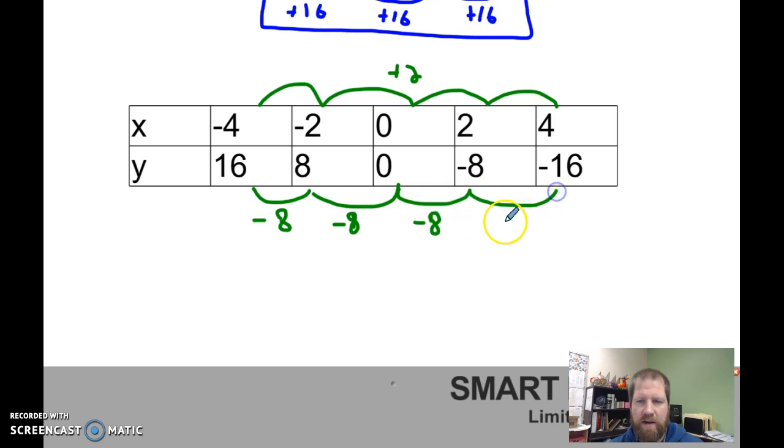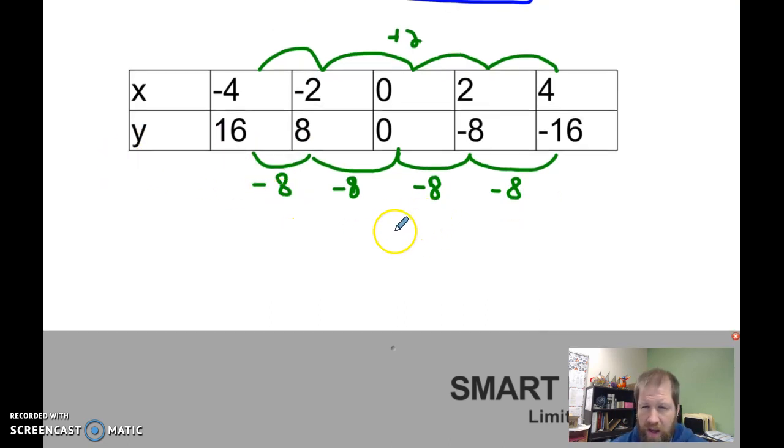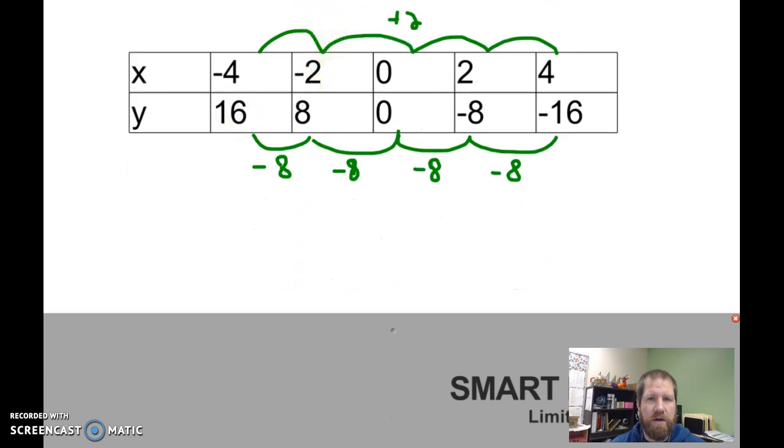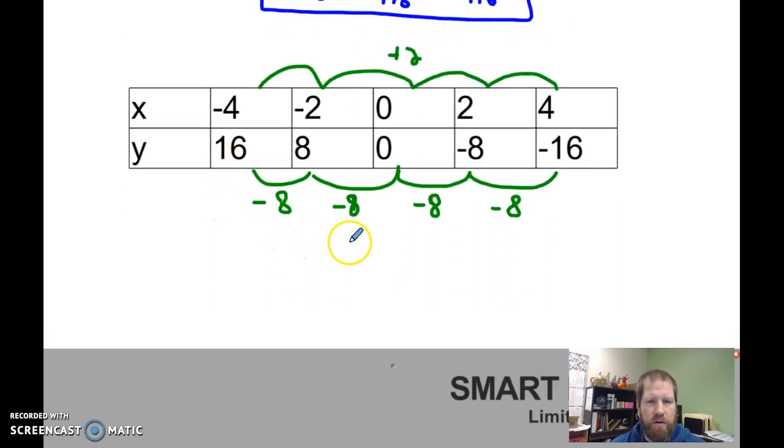And a -8 to -16, that's -8. Okay, so now I don't even have to look at my second differences, because I know my second differences are going to be 0. Right? There's no change from -8 to -8. There's no change, and there's no change.